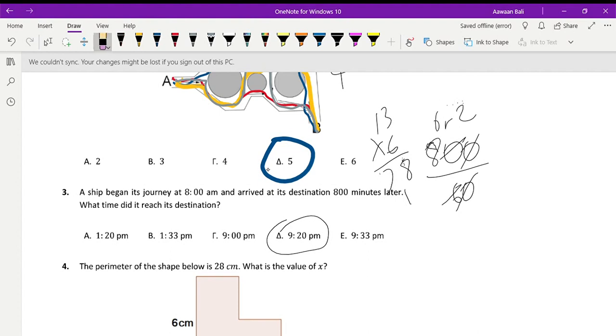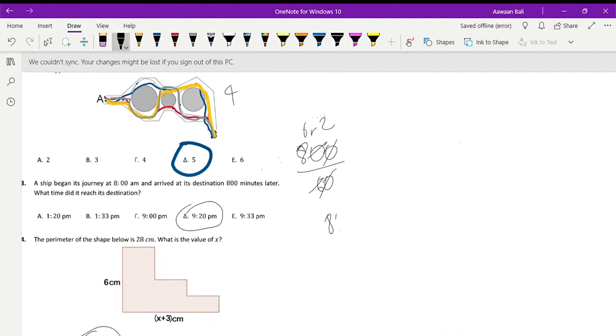Now that means it goes like 8 o'clock and 6 hours. So it's 8 a.m. and 6 hours it would become 14 o'clock in 24-hour time, but to find how much time it would be in PM, you would minus that by 12, so we get 2 PM.